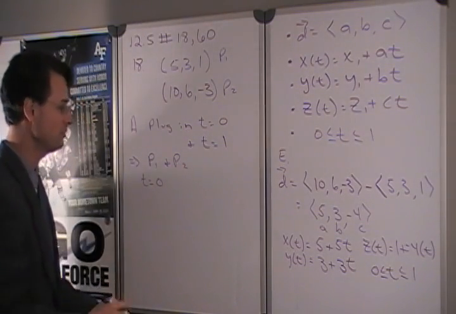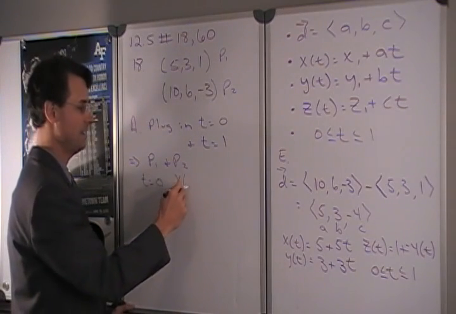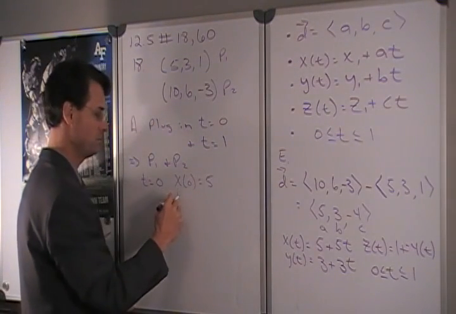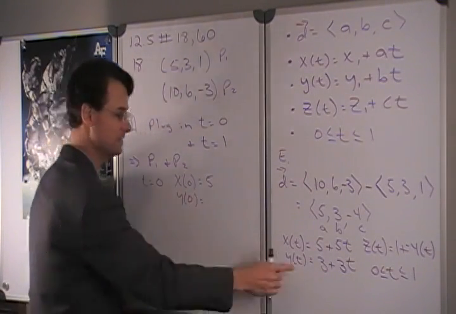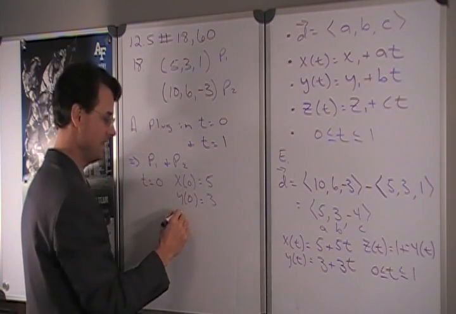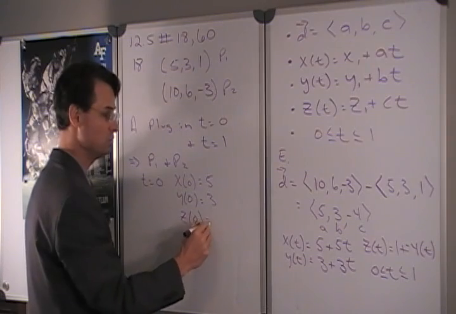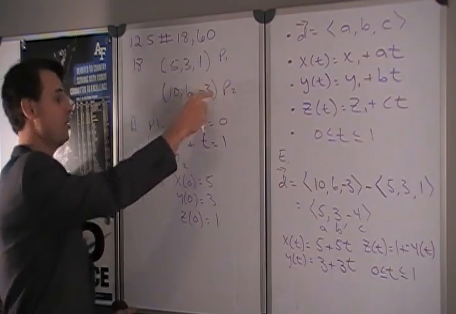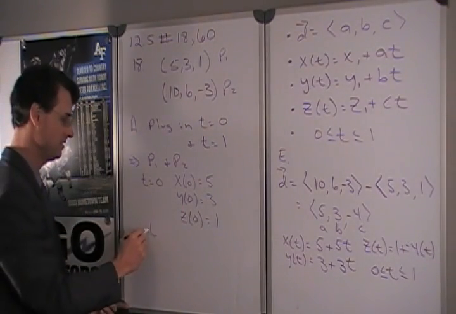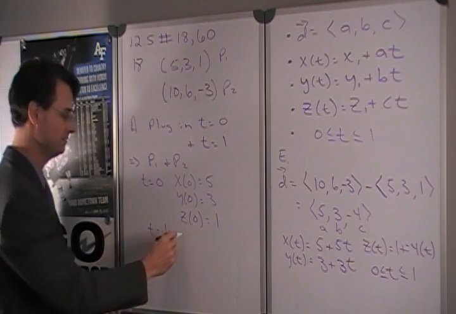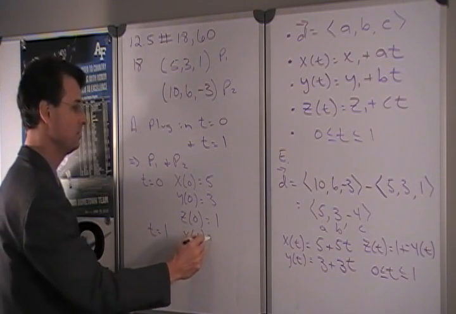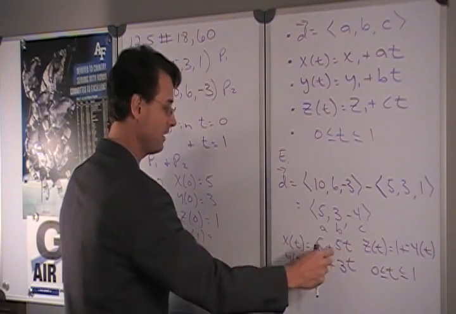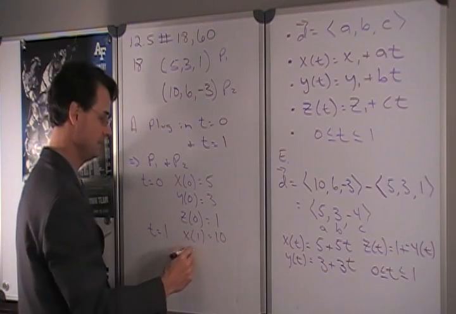So for t equals 0, x of 0 is simply equal to 5, y of 0 is simply equal to 3, and z at t equals 0 is simply equal to 1. So we got our starting point back. Now we can double check at t equals 1. Well, at t equals 1, x equals 5 plus 5, or 10.